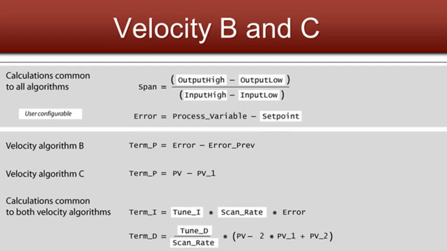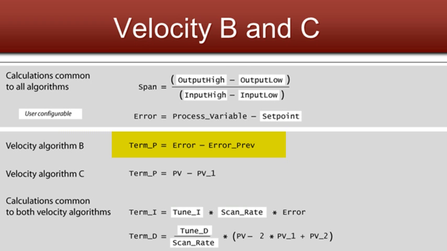Now, once we get the error, this is where things change a little bit for our velocity algorithm type B and the velocity type C. We can see here that type B is subtracting our error from our previous error. And the previous error, remember we're doing the PID algorithm based on our scan time, so the previous error is going to be the previous scan, and our current error is right now when it does the algorithm, right at this very instant.